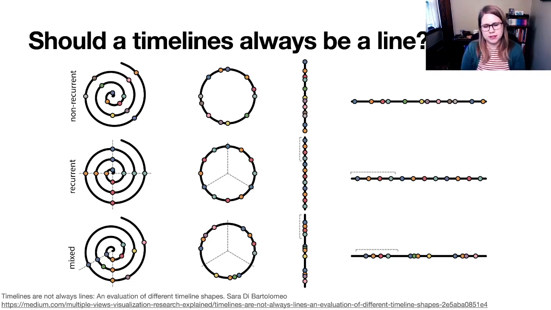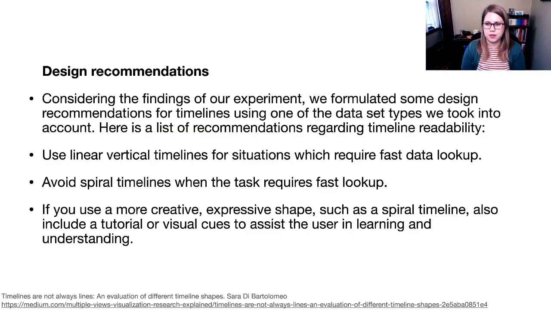If you're going to make a timeline, you might want to think about if the timeline should always be a line. So sometimes it makes sense to have a line, but other times a circle or a spiral might be a better way to visualize that data. And so there's some recommendations, like you should use a vertical timeline if you need a fast lookup, and avoid a spiral timeline if that's important.